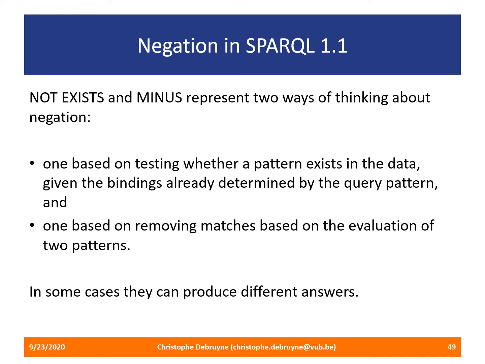MINUS represents a negation where you remove solutions based on the evaluation of two patterns, and you remove the solutions from the left-hand side by looking for the same values in shared variables. And again, I will put this here between parentheses: shared variables. As I said, in most cases they produce the same results. However, there are some corner cases that can produce different answers, and I will exemplify that on the following slide.